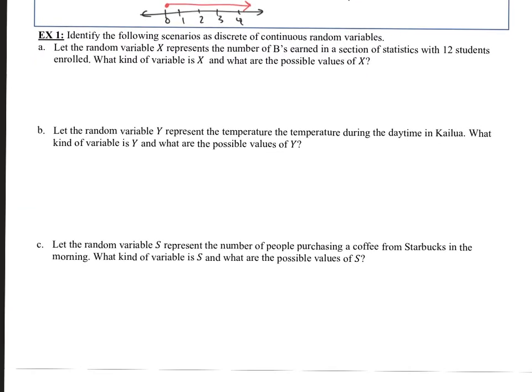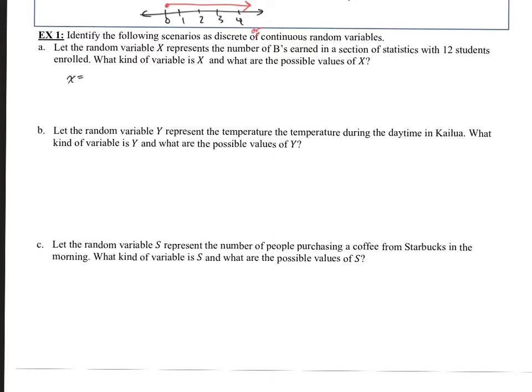For example 1, identify the following scenarios as discrete or continuous random variables. Alright, so A. Let the random variable x represent the number of B's earned in a section of statistics with 12 students enrolled. What kind of variable is x, and what are the possible values of x? Well, let's see, the possible numbers of B's.